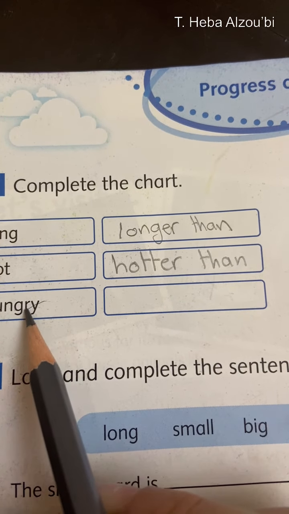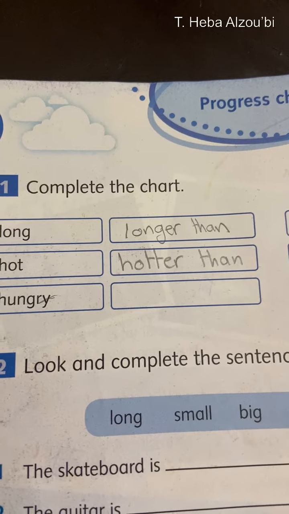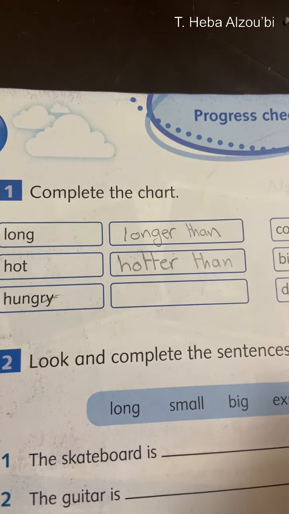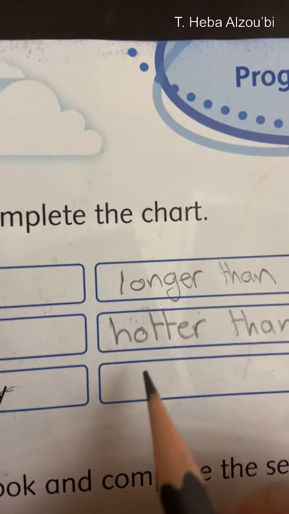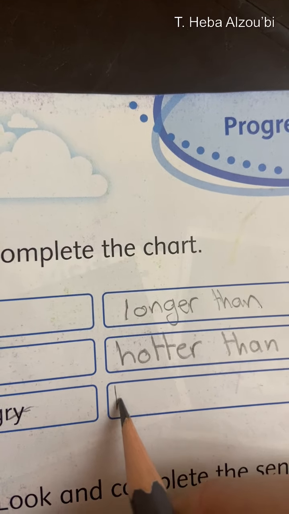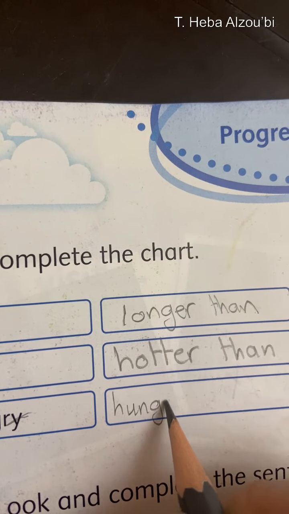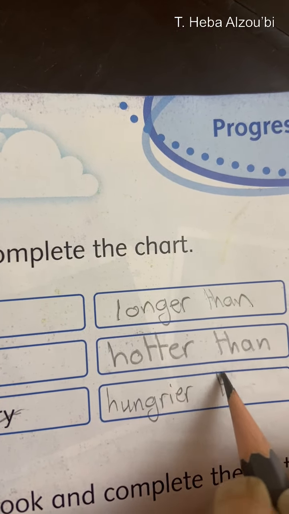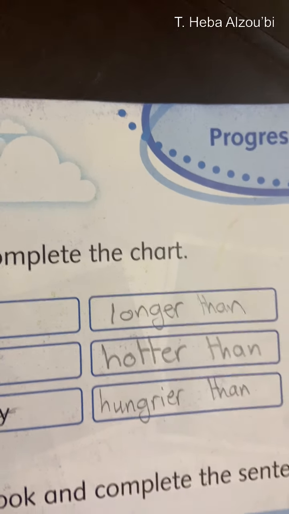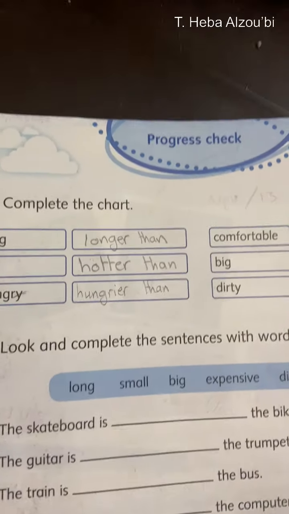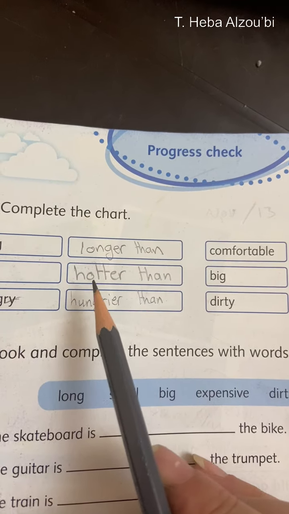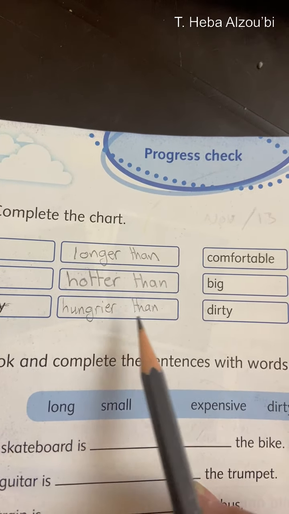We replace the Y with the letter I. So it becomes hungrier than. So, longer than, hotter than, hungrier than.